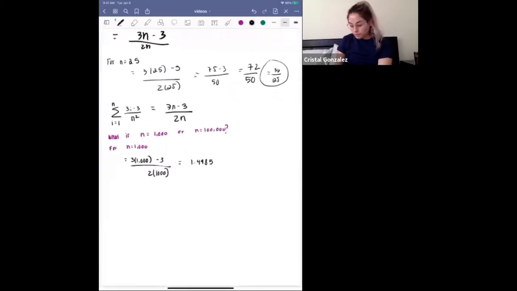And then for n equals 100,000, if we plug that in, we'll get 3 times 100,000 minus 3 over 2 times 100,000.